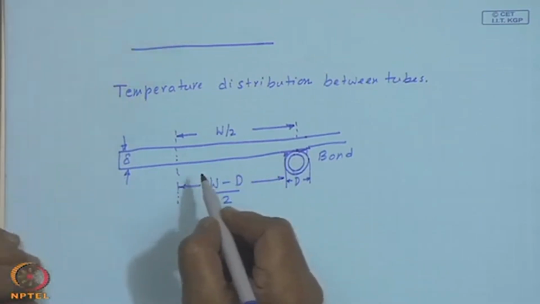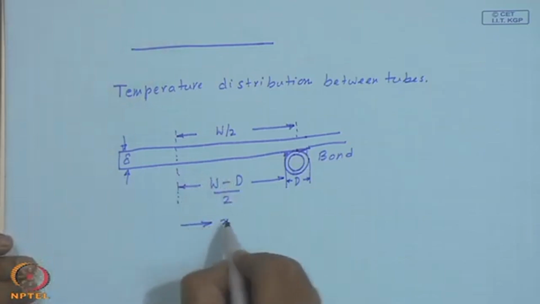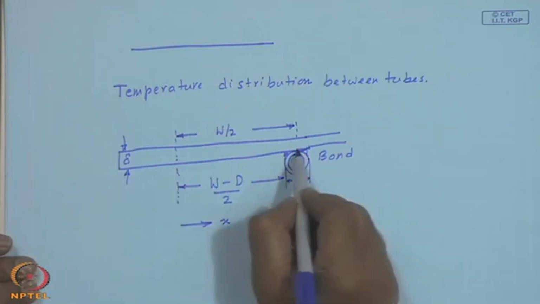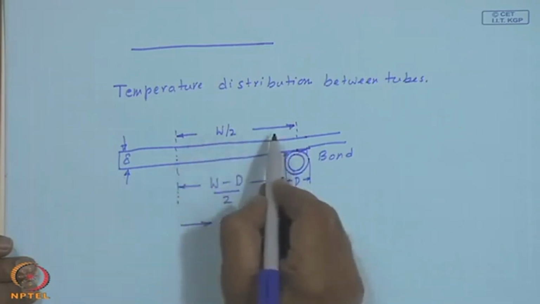Let us see, this is my x. So, the center of the tube to the symmetric plane is W by 2.